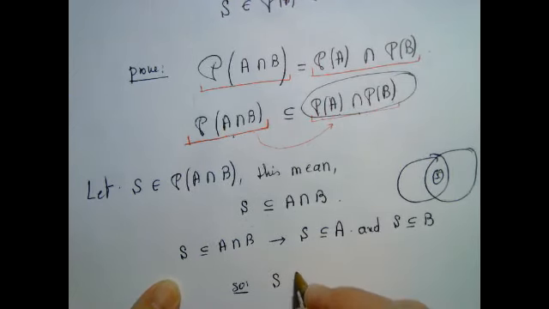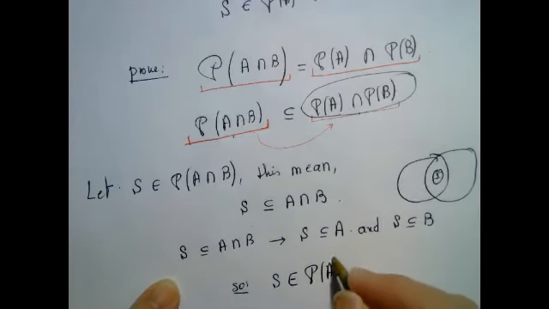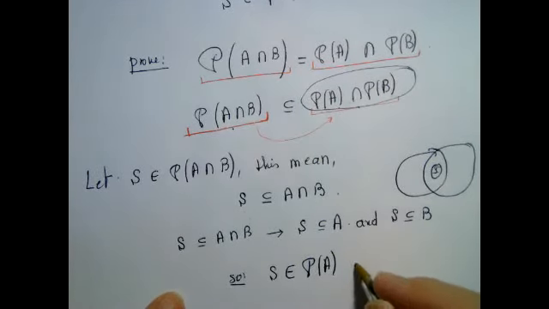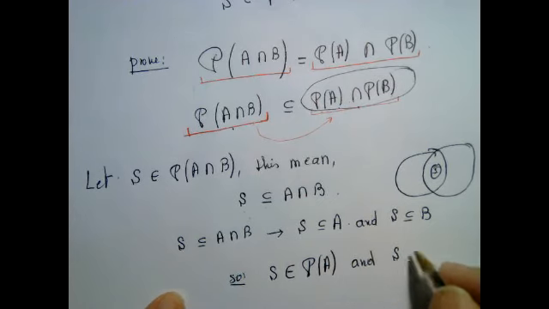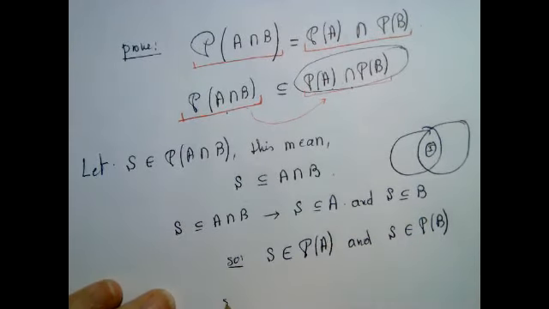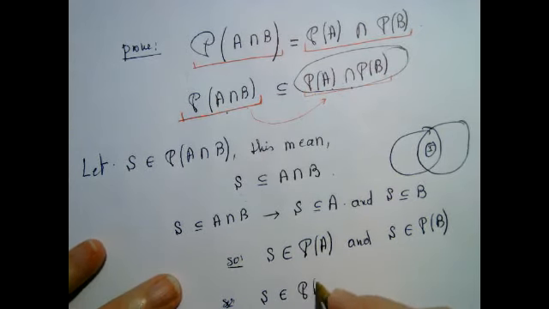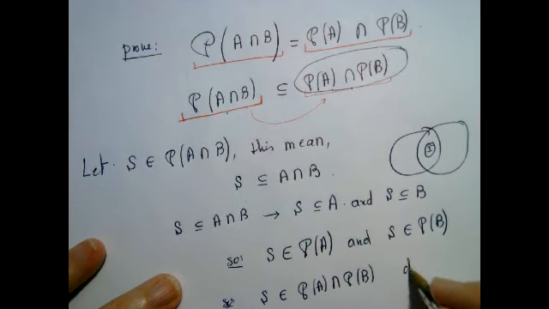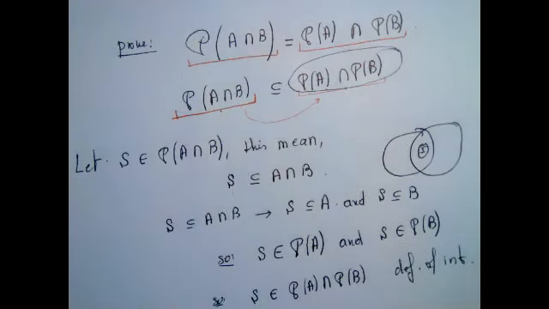S is an element of the power set of A, and S is an element of the power set of B. So S, by definition of intersection, is an element of the power set of A intersect the power set of B. Definition of intersection. Okay, and that's my first inclusion.